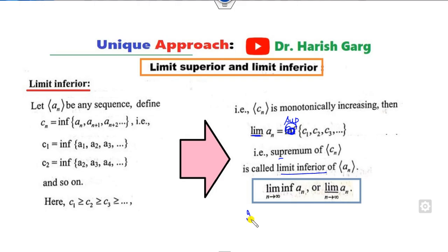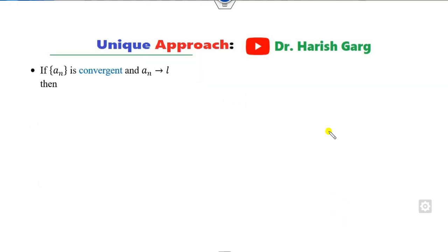In general, remember that the limit infimum is not equal to the limit supremum. Now the question arises: under what condition are both limits the same? For that, the first concept is if you prove that the sequence is convergent, that is, the limit is L, and this L must exist as well as be unique.